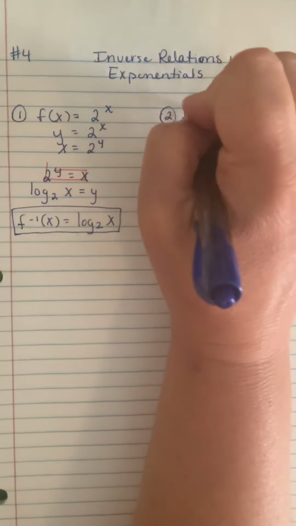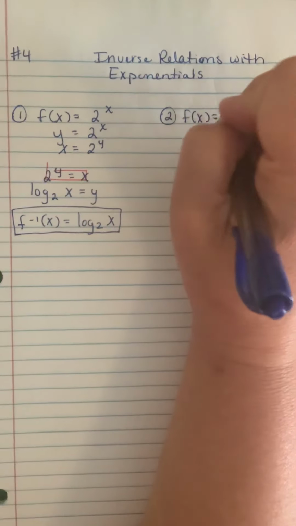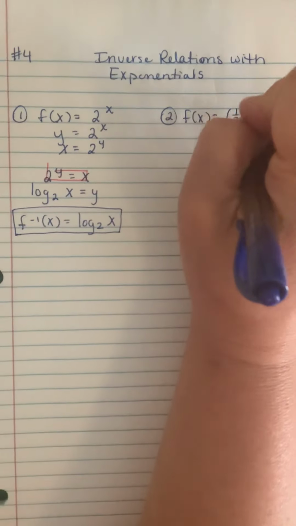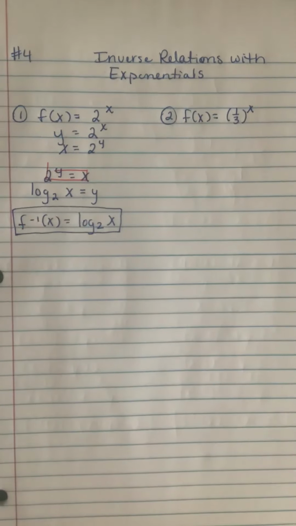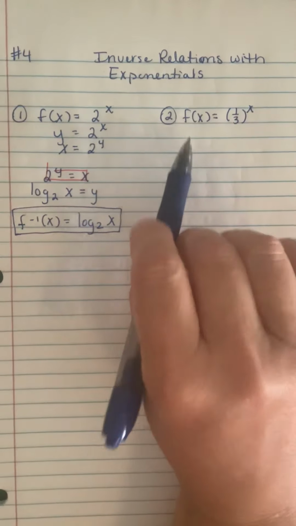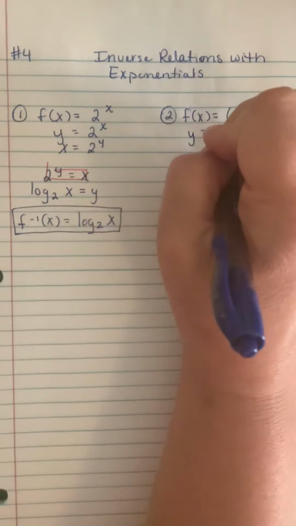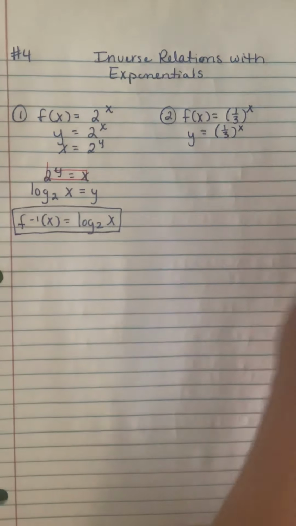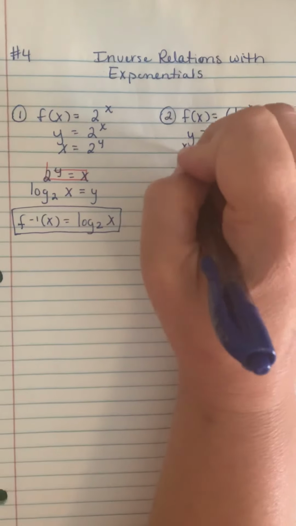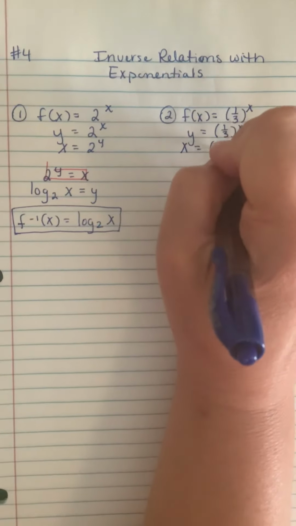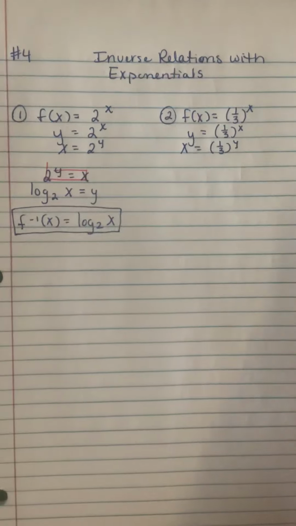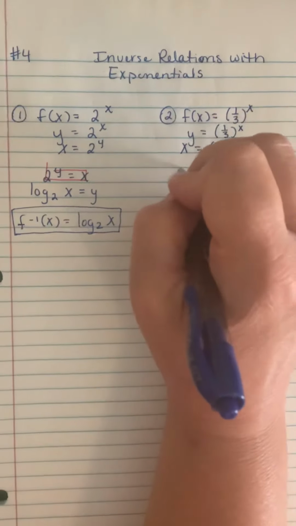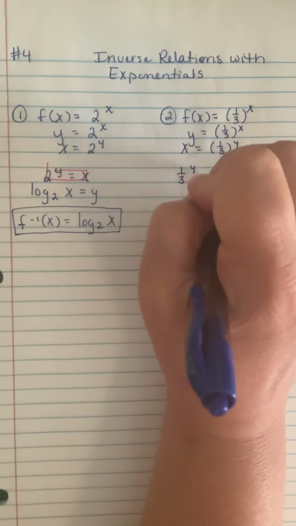F of x equals 1/3 to the x power. Change that f of x to a y equals. And then you're going to switch your x and your y. And I'm going to rewrite this so the exponential part will be in the front.